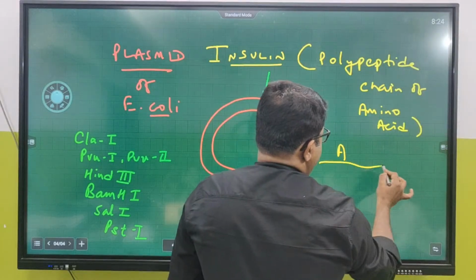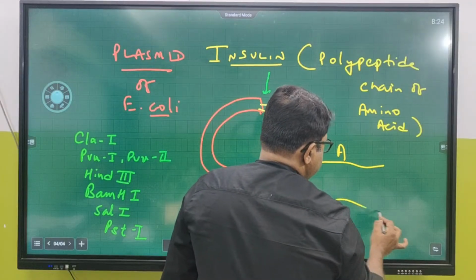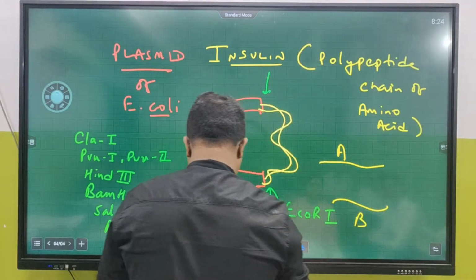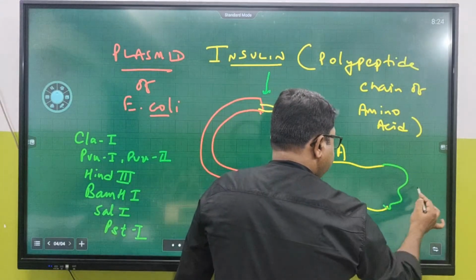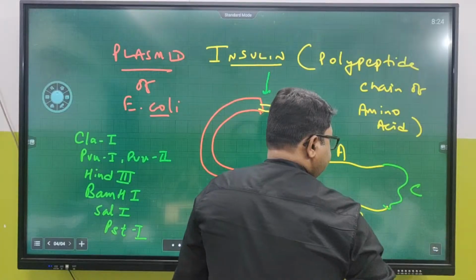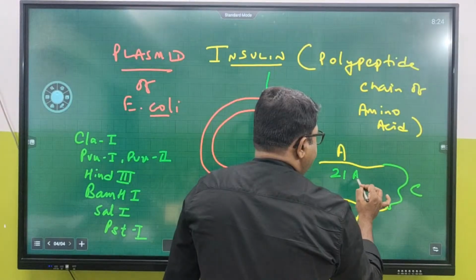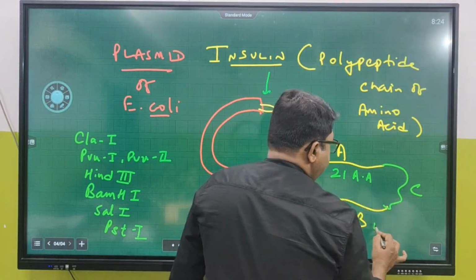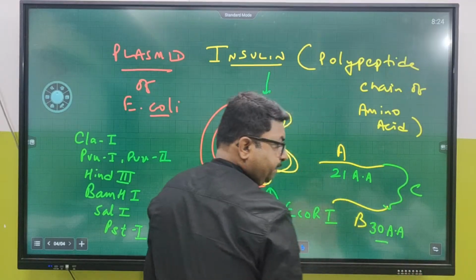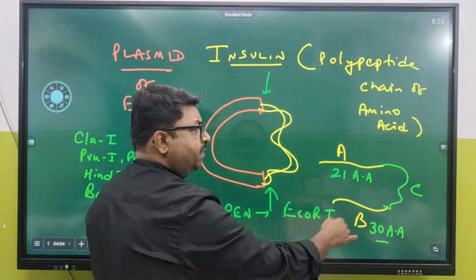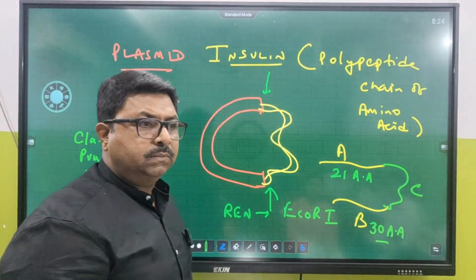Chain A, chain B, and chain C. Chain A has 21 amino acids, chain B has 30 amino acids, and C is the linker between A and B.